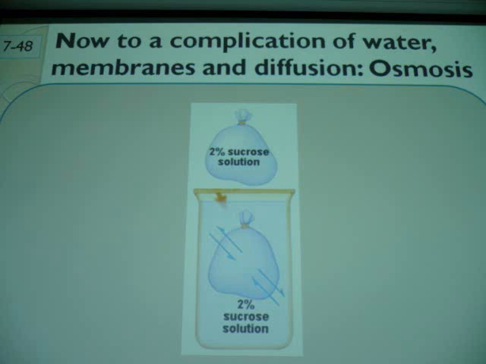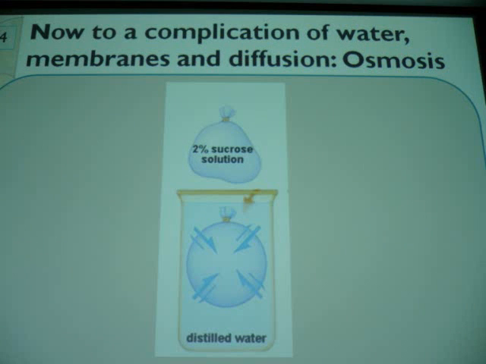Now let me go back in one more time. And this one, which is hypo, there's less sugar in the solution than the cell. But on the flip side, if there's less sugar, then there's more water in solution. Does that follow? If there's more water in solution, by diffusion, does water go where there's more or where there's less?